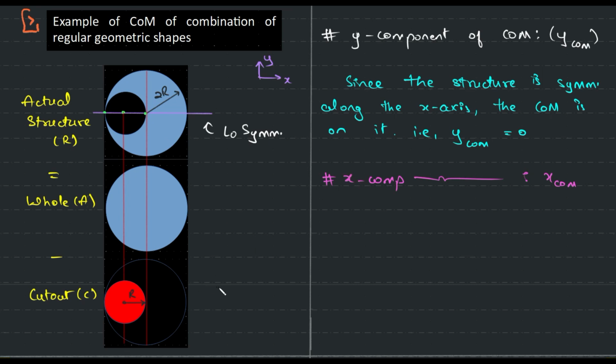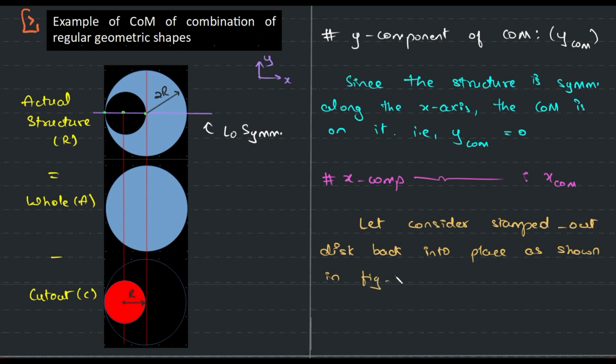X component, yeah. So these are the assumptions that I make, and now I'll start. Let's consider the stamped out disk. So this is the stamped out disk, back into place as shown in figure 2.